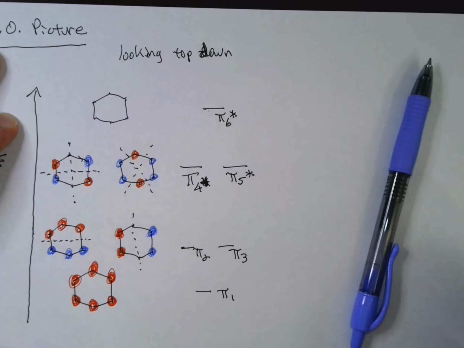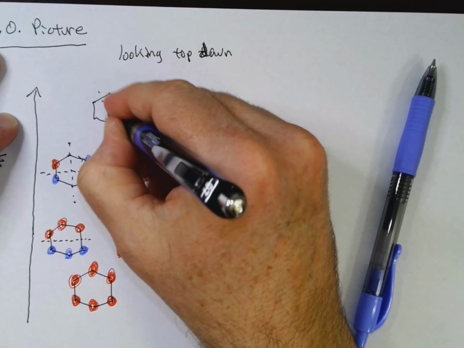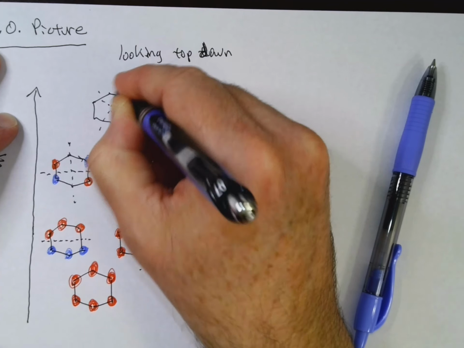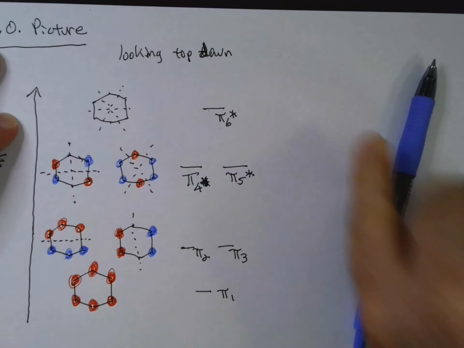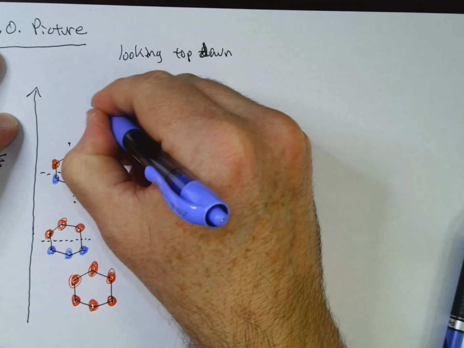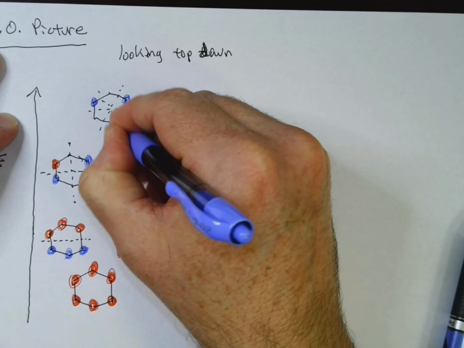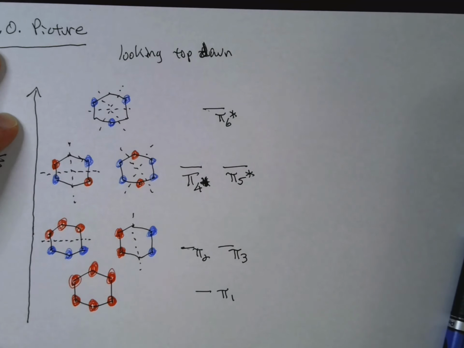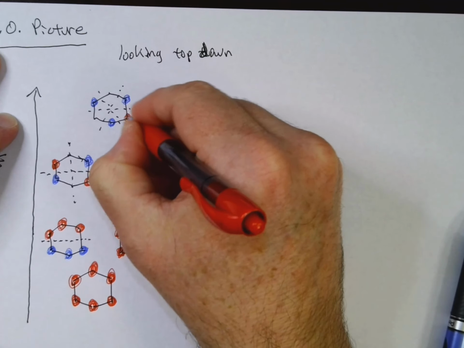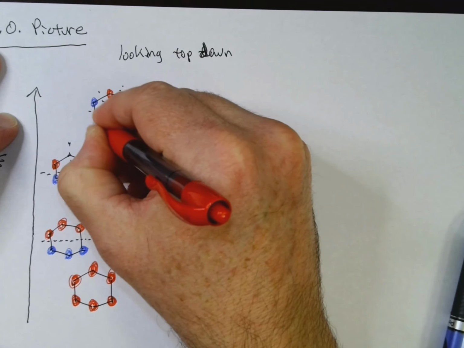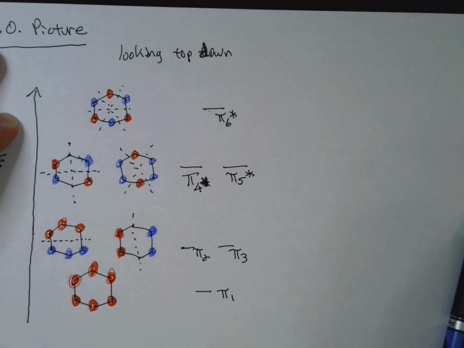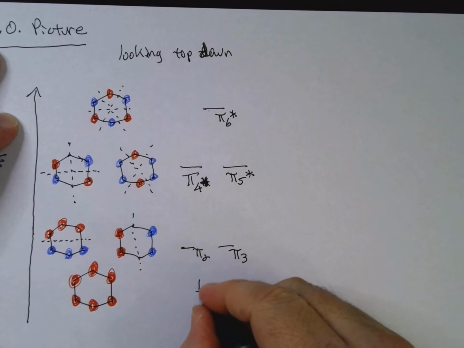And then lastly, we're going to have all 3 nodes here. So we're going to have alternating red and blue phases. And so this obviously contributes nothing whatsoever to bonding. It's totally anti-bonding.